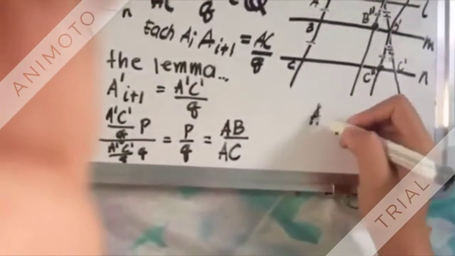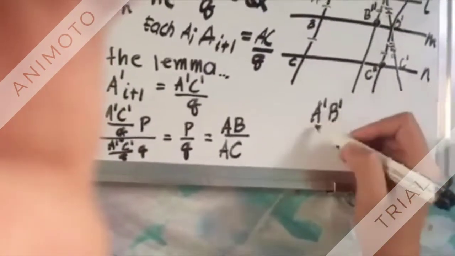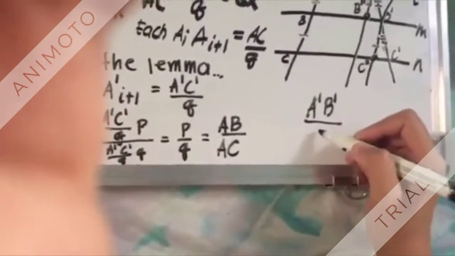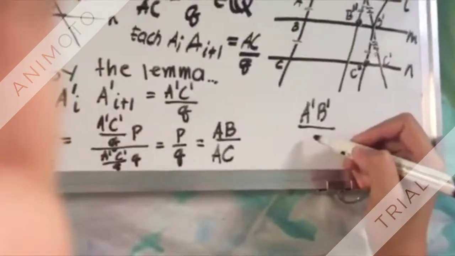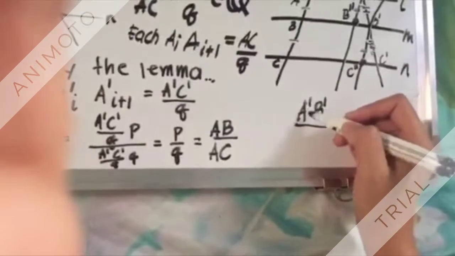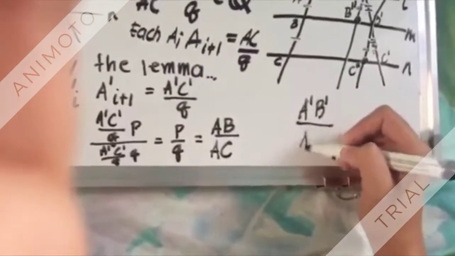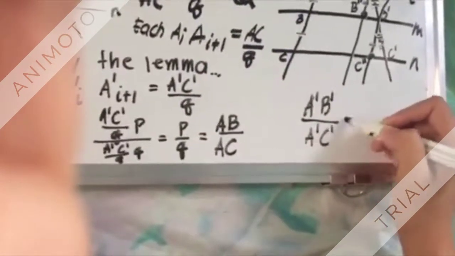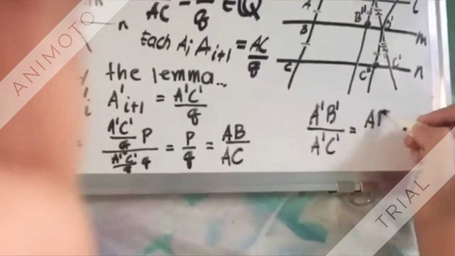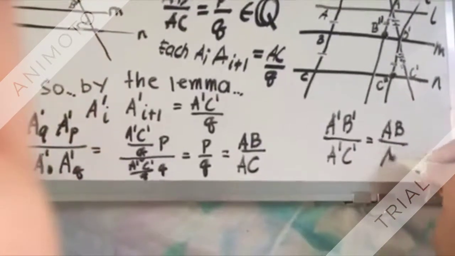In short, by the parallel projection theorem, together with similar triangles, we conclude that A prime B prime over A prime C prime is equal to AB over AC.